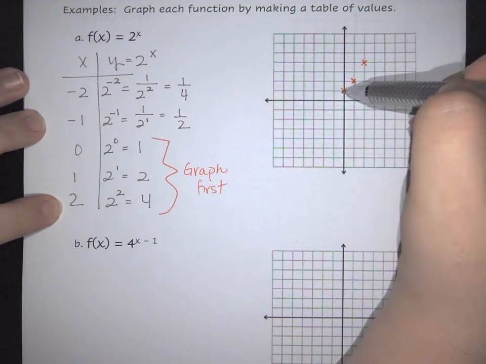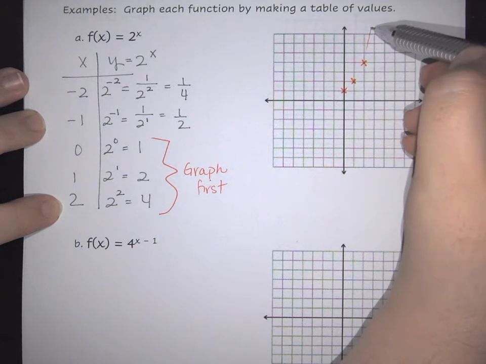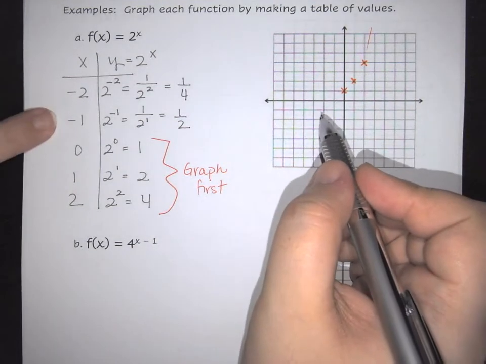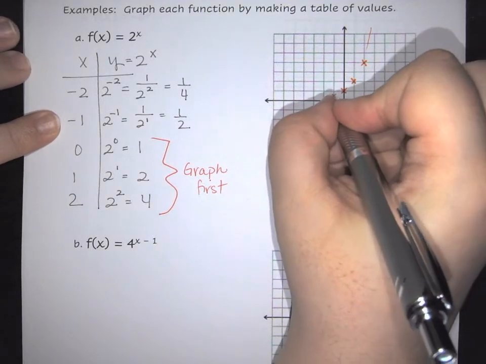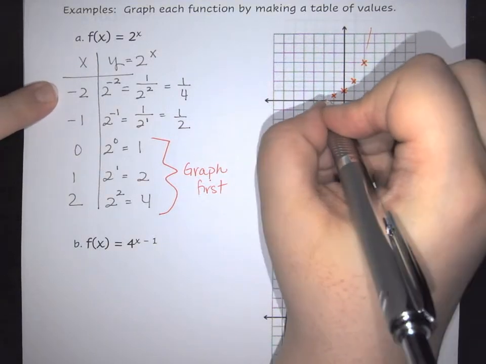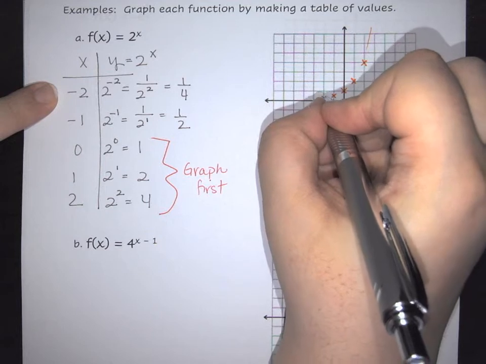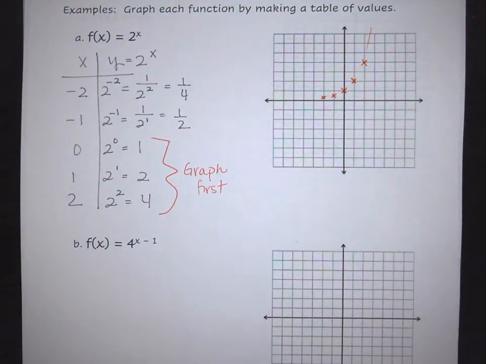So you can see that this is on an upward trajectory. Okay. Then going down, I would start with -1, and we're at a half, so that's roughly here. And then at -2, we're at a quarter, so we're getting closer and closer down to our 0.